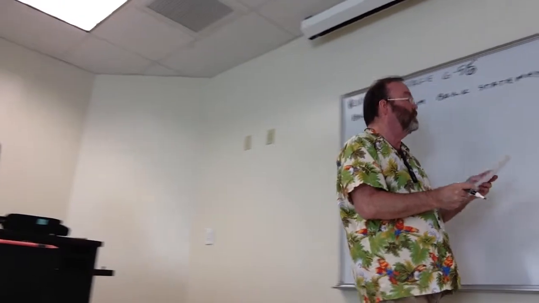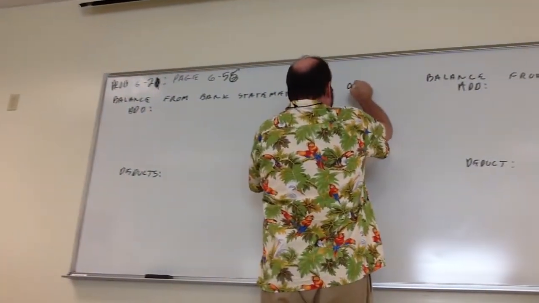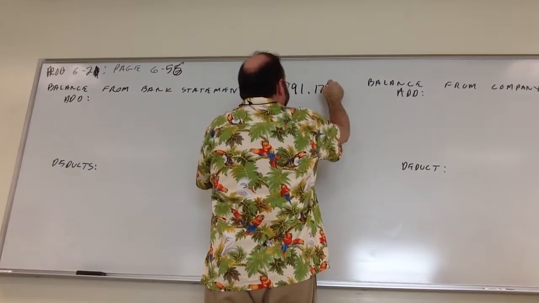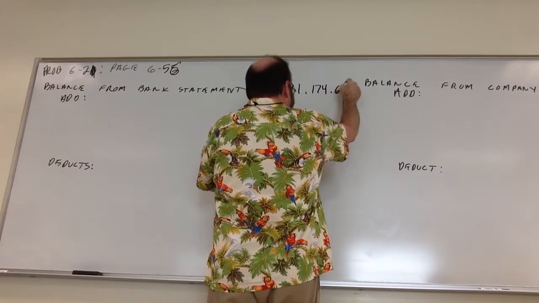In auditing Train Company, you obtain directly from the bank Train's bank statements, canceled checks, and other memoranda which relate to the company's bank account for December 2013. So it gives you all the items there. So starting, per the bank statement, you had $91,174.63.